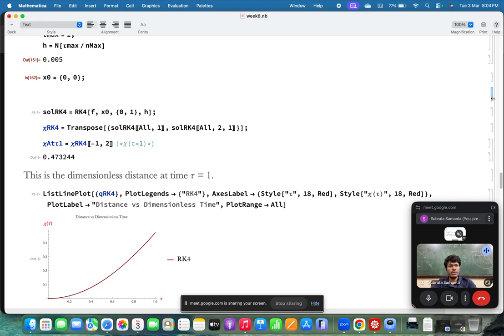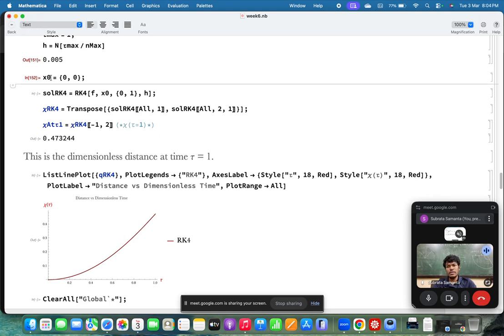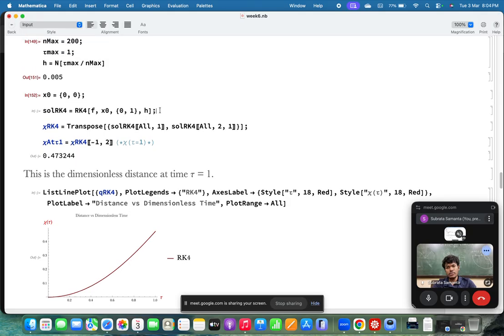So now you can also define the initial values, and then you can solve this using the RK4 module. The h is already calculated here.